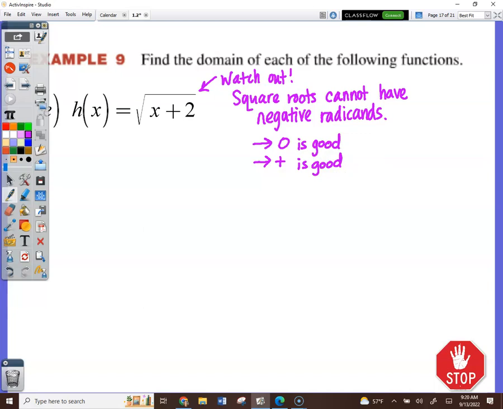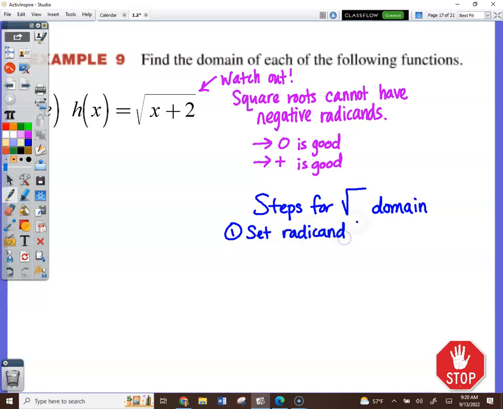So you're going to take the radicand, and this is where you want to write steps for square root domain. If it's a square root function and you have to find the domain, here's the steps. Set the radicand, it's got to stay positive, and it can also be 0.